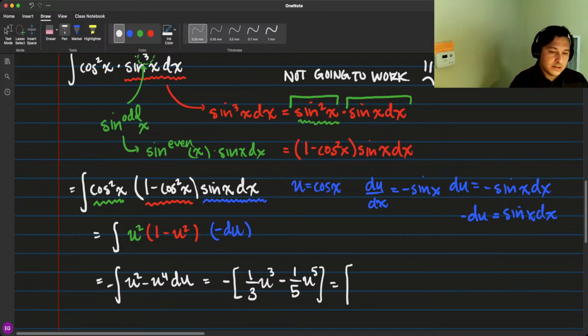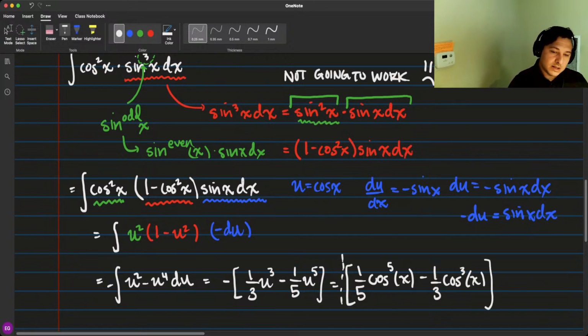Then I can substitute back in what they're equal to. If you distribute the minus, you'll get 1/5 cosine to the 5th x minus 1/3 cosine to the 3rd x. And that is your antiderivative.